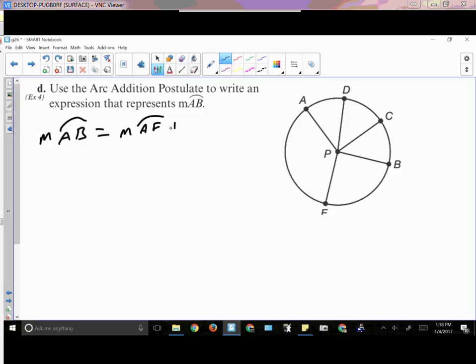Plus what? Oh, you want it BF. Sorry. Oh, see, okay. I'm supposed to go from A over to B, right? I could go that way, or I can go this way.